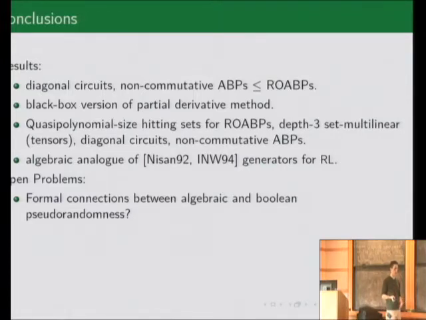In the Boolean case, when you talk about hitting sets or generators, you're always saying this branching program already accepts 30% of its inputs, and you just want to find one input that it hits. Here, we syntactically know that already, just by being a non-zero polynomial, a large fraction of points are non-zero.